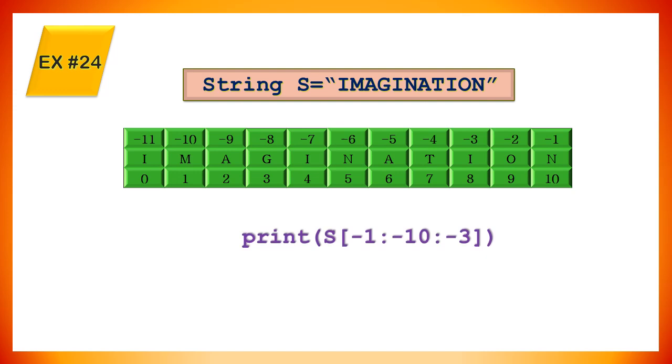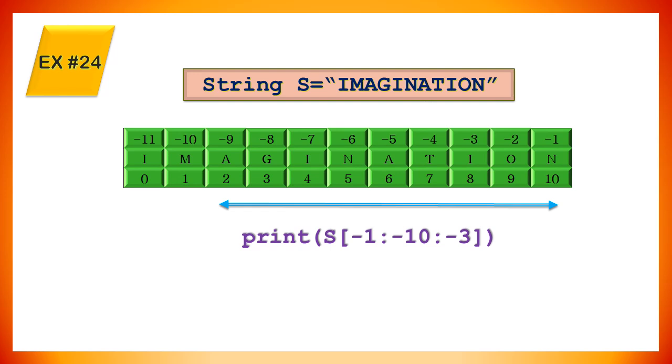Example 24 is quite interesting. S[-1:-10:-3]. See, the step value has been provided as negative. When the step value is negative, we have to consider the selection process of indexes from the right hand side towards the left hand side.